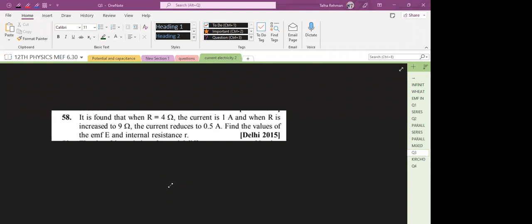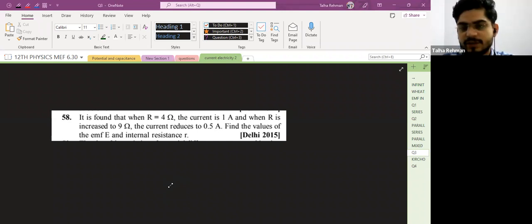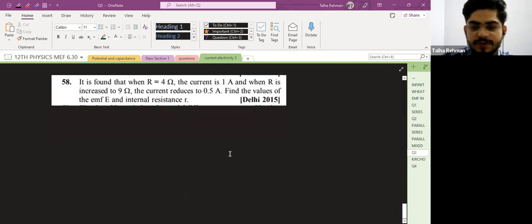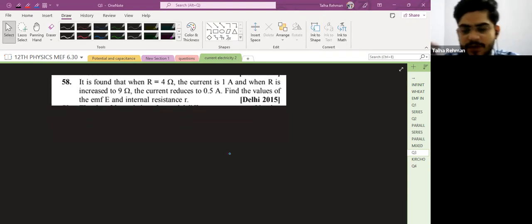Okay, fine. So Nawal, we are discussing just the assignment. So let's focus on this question. This is the first question of the assignment. When you read the question, you will find that you have a cell, and you are connecting first this cell with an external resistance of 4 ohm, and you are getting a current of 1 ampere.